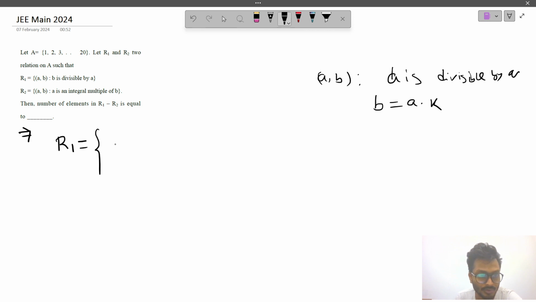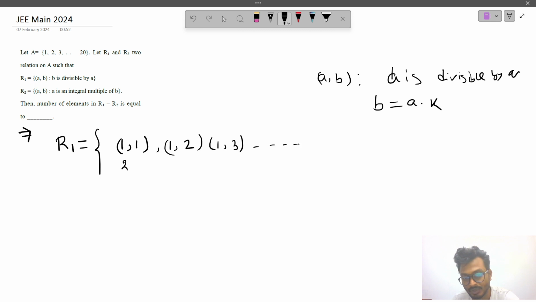So suppose a is 1, then b will be 1, so (1, 1), and b is divisible by a. Suppose b is 2, so it can be (1, 2), because 2 is divisible by 1. Similarly (1, 3), like this, and up to (1, 20), right?